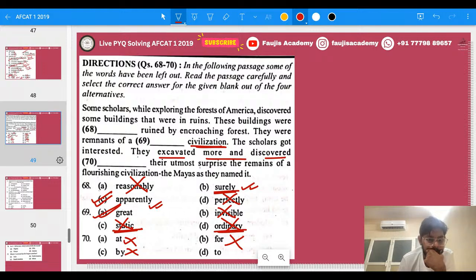Whenever you have this superlative degree over here. Question number 70, guys. Whenever you have the superlative, you use this. Discovered to their utmost surprise the remains of a flourishing civilization, the Mayans, as they named it.